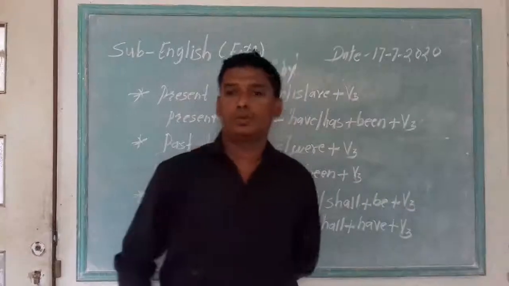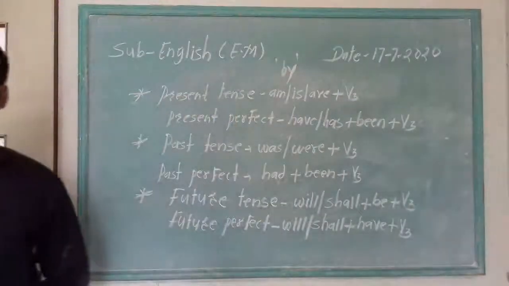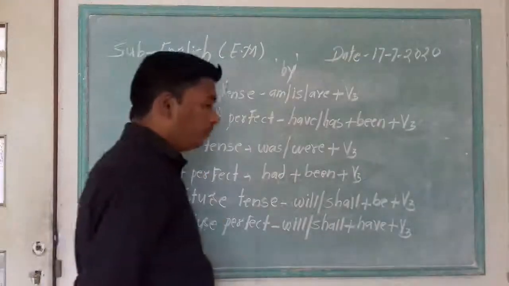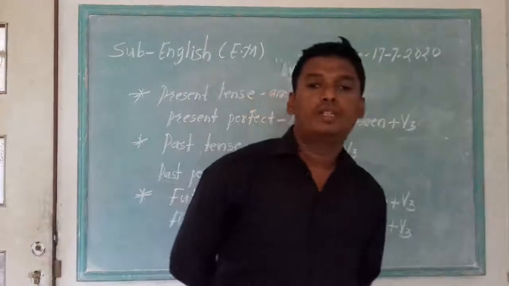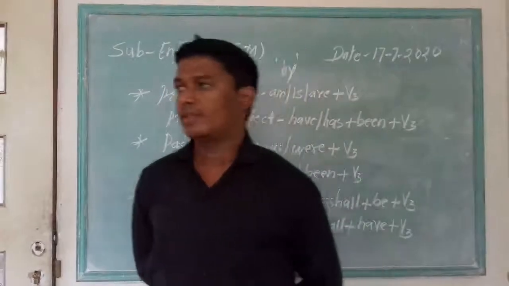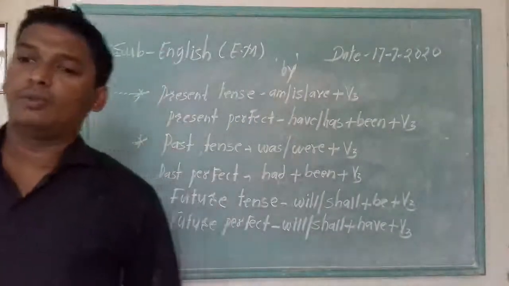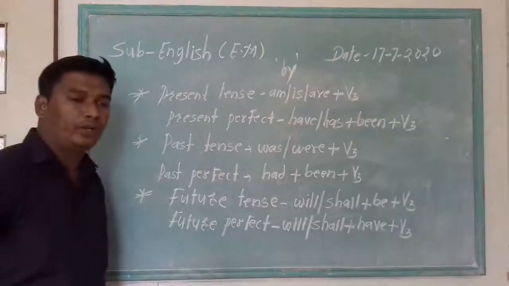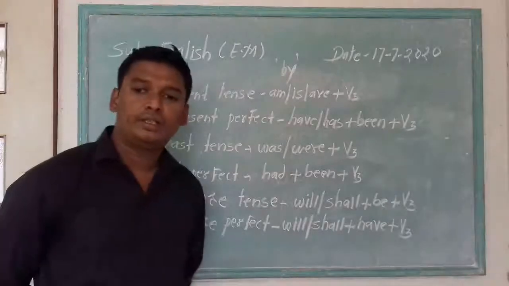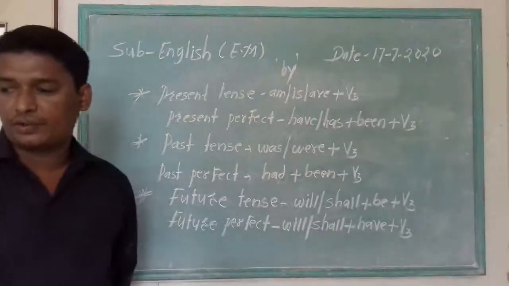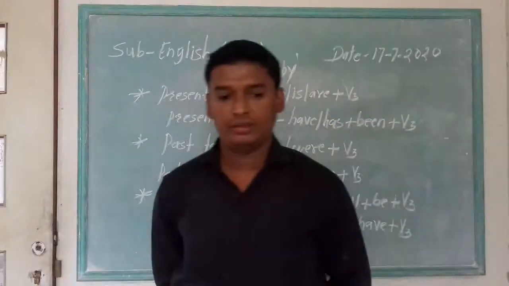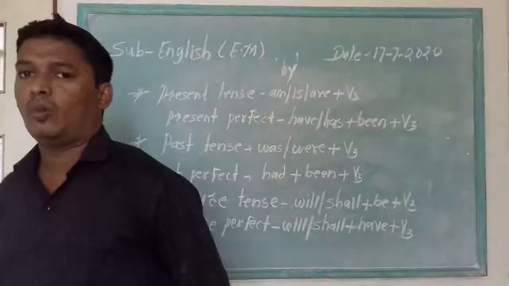In the same rule, continue. If the subject is a pronoun, take the pronoun in single inverted commas. If the subject is a pronoun, then convert it into the objective case.